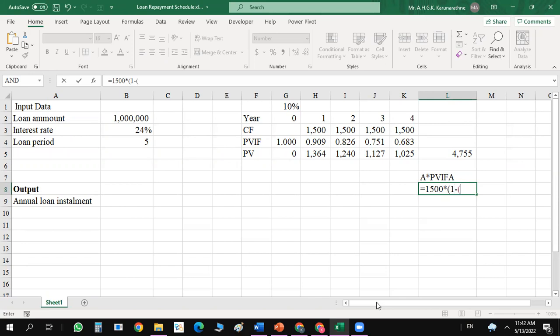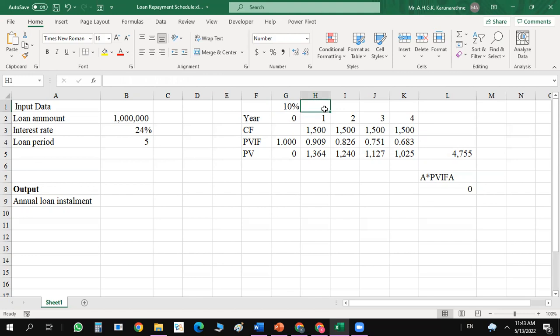1 minus 1 over 1 plus R to the power n, and the whole should be divided by R. We put the number of years here, 4.